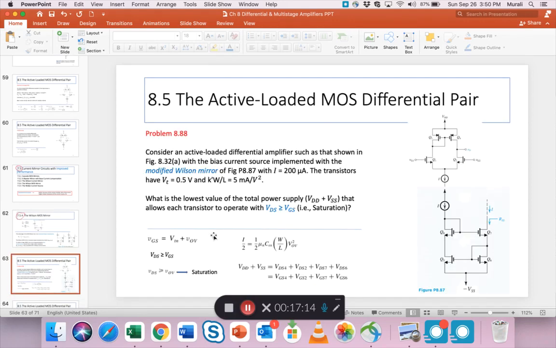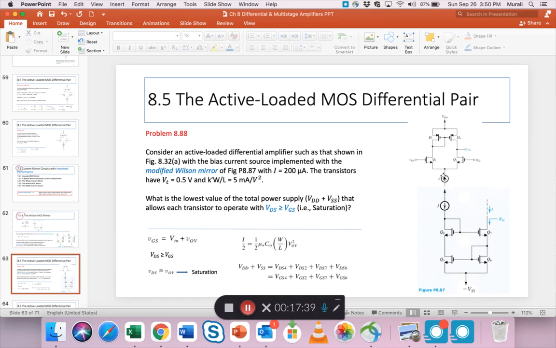So what do I mean? Let's look at this problem that uses a Wilson mirror to create I. Okay, so the bias current is coming using another current mirror. There is a current mirror on the top here, which is the load. But the I, so far, has just been given to us, right?